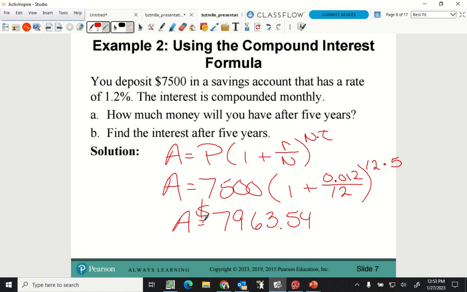Now, part B says find the interest. How would I find the interest? Subtract, right?